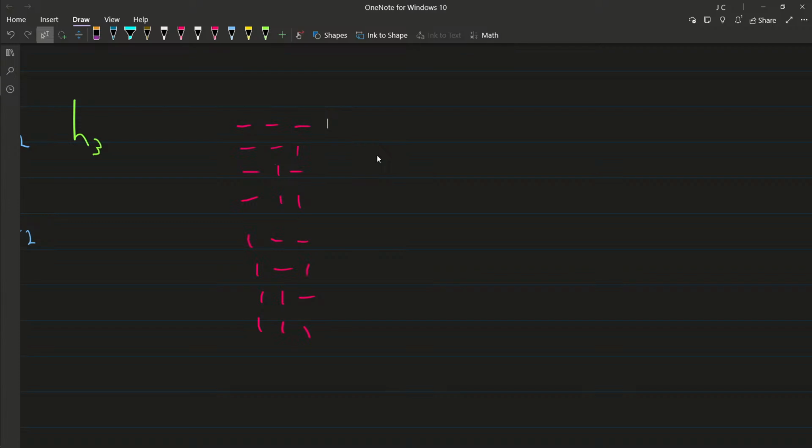Yeah, I'm not really seeing how width is helping anything.